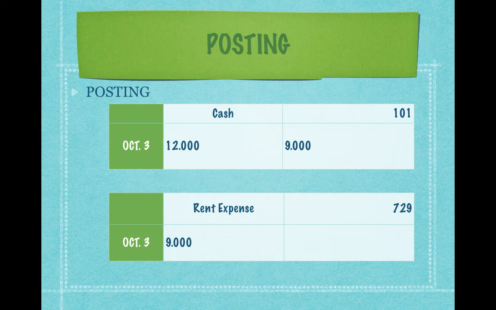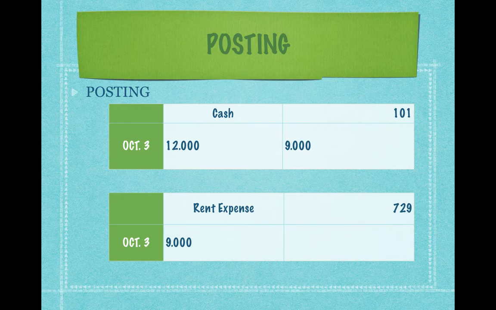We have seen the movement of our cash. Over here, there is an increase and also there is a decrease there. Alright, and for rent expense, there is an increase in the GL. We call this particular table a general ledger. Don't forget about that, okay?